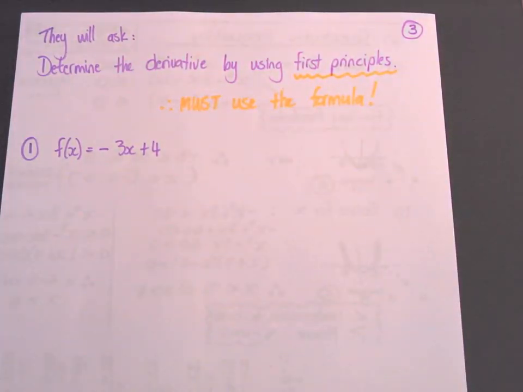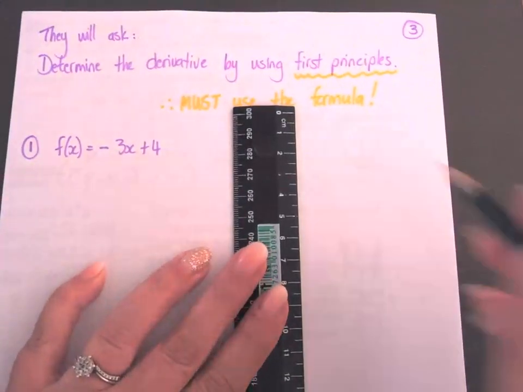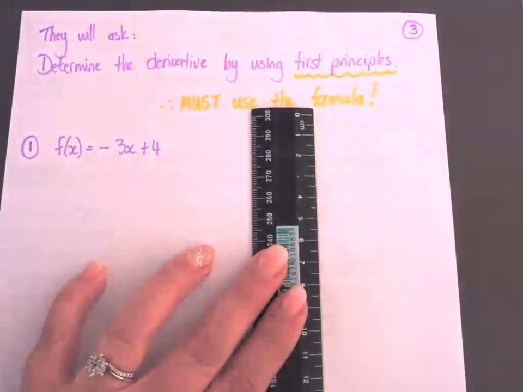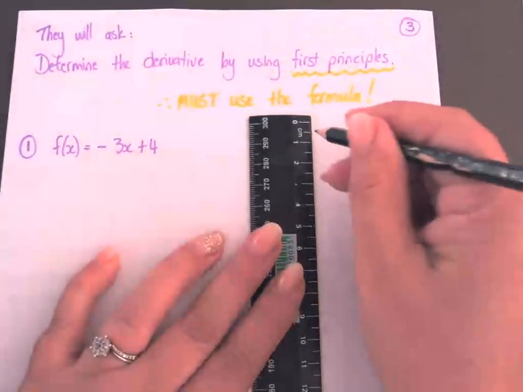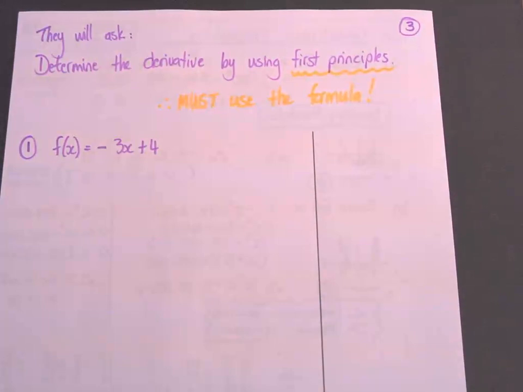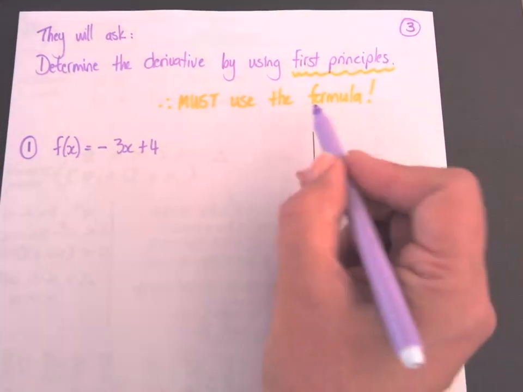Now the first thing that you do is you draw a little sideline to the right of your paper. And the second thing that you do is you write your formula.